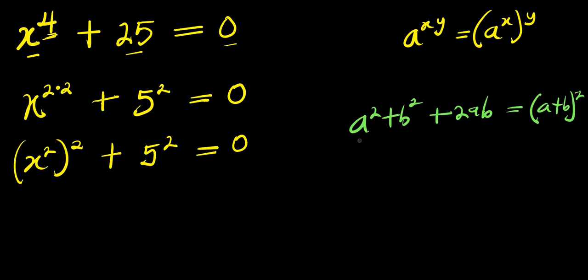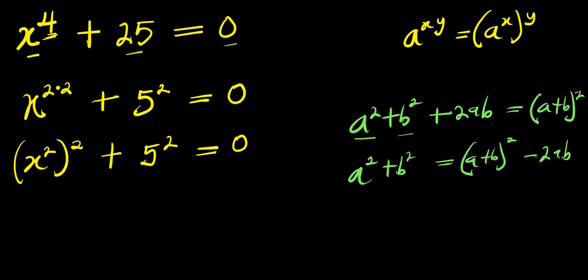So a squared plus b squared plus 2 times ab is the same as writing a plus b power 2. So from here, a squared plus b squared equals a plus b power 2 minus 2 times ab.